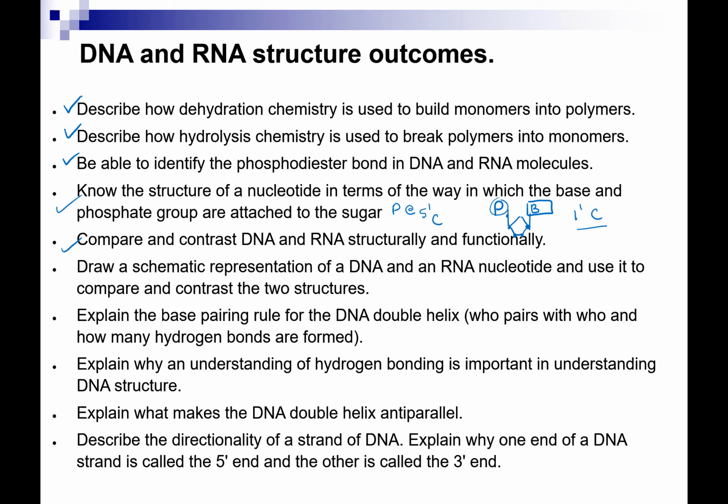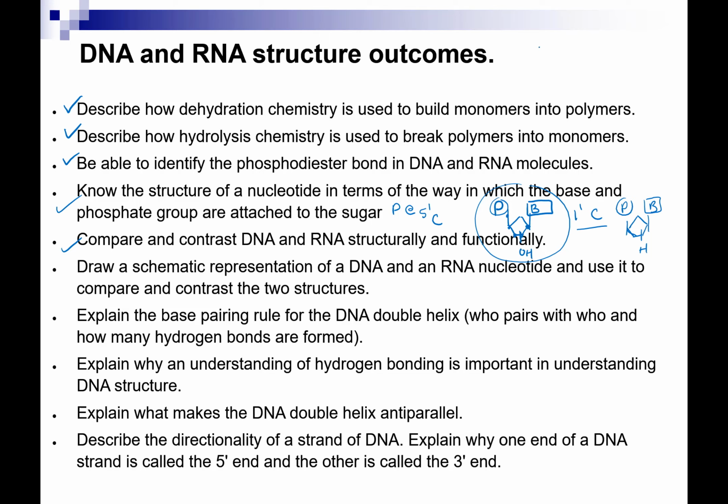Draw a schematic representation of a DNA and an RNA nucleotide and use it to compare and contrast the two structures. So this is as much detail as I expect you to be able to draw. Of course, you would add the OH if it was RNA, and if you had to draw it, you would just have an H if it was DNA.